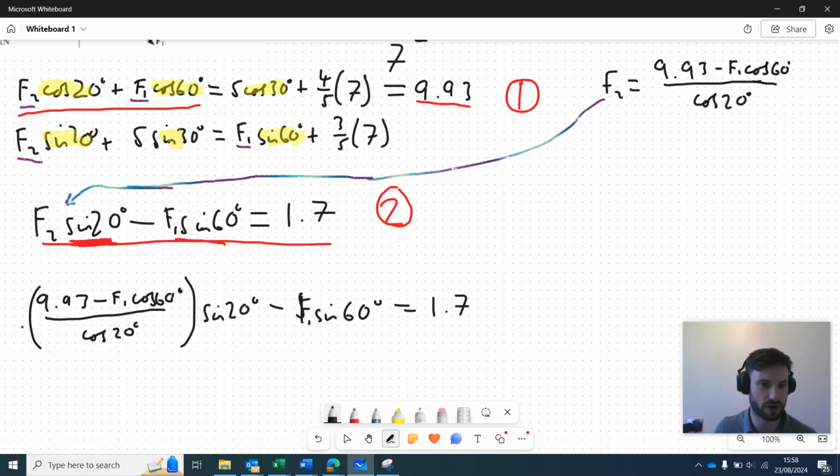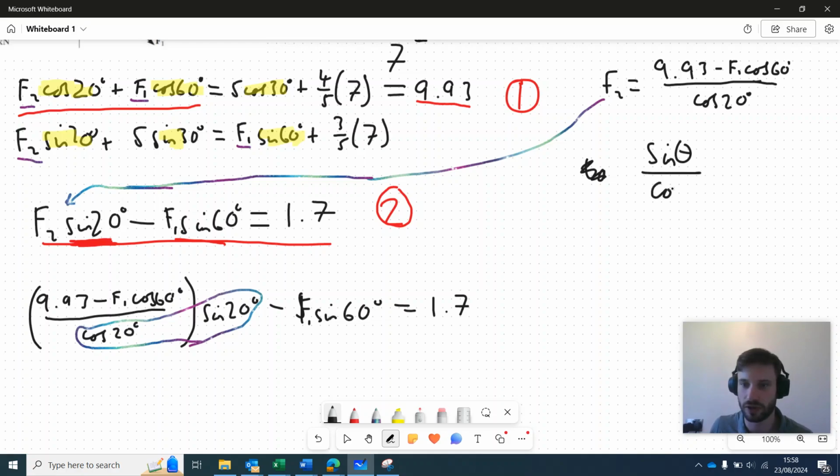I'm going to also rewrite this term. Some of you may have noticed it's something that we've done before, this idea of this quotient identity. So this sine 20 over cos 20 is a trigonometric identity some of you may be familiar with, where we can say that the sine of an angle over the cos of an angle is always equivalent to the tan of an angle.